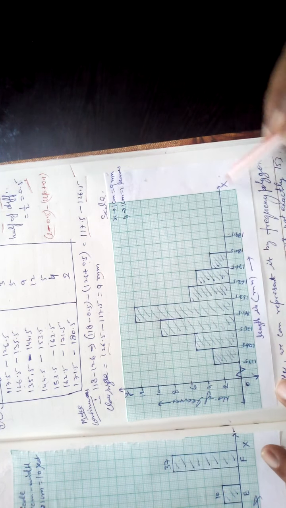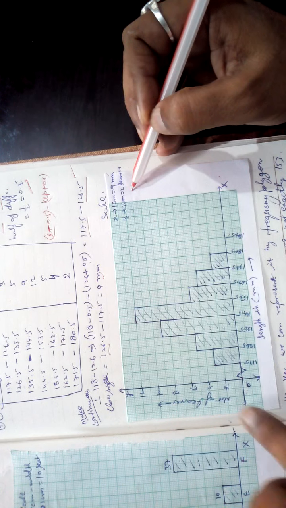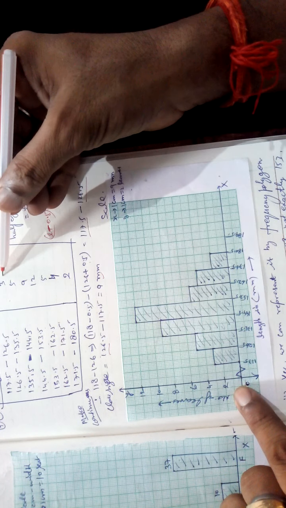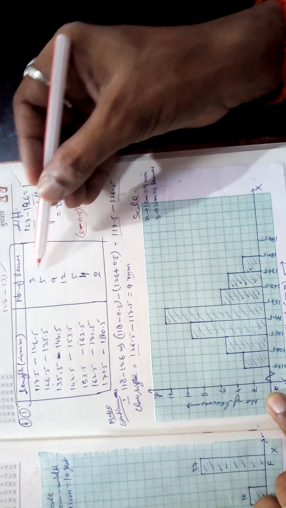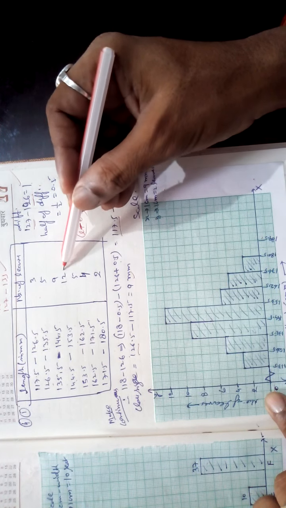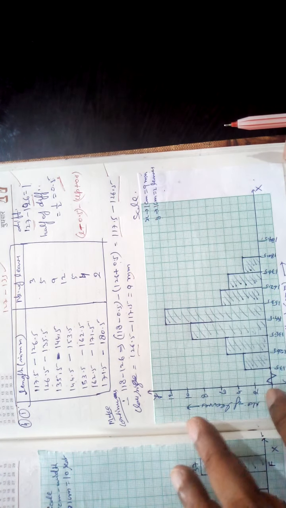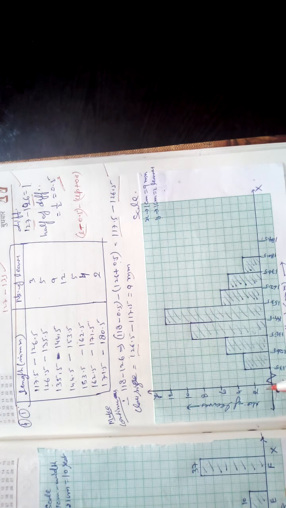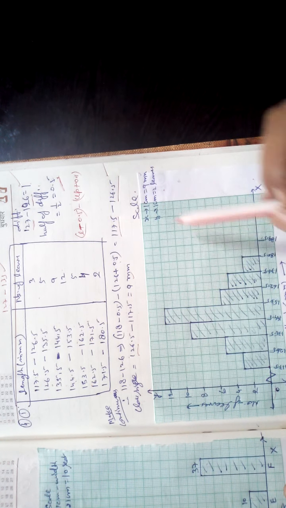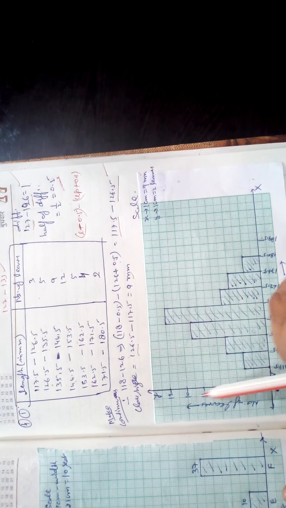You draw the line and write y-axis 1 centimeter is 2, because there is a minimum of 2 and a maximum of 12. If you take 1 then you will get very long rectangles, height is more. So double, half centimeter will be 1. Like this 2, 4, 6, 8, 10, 12.